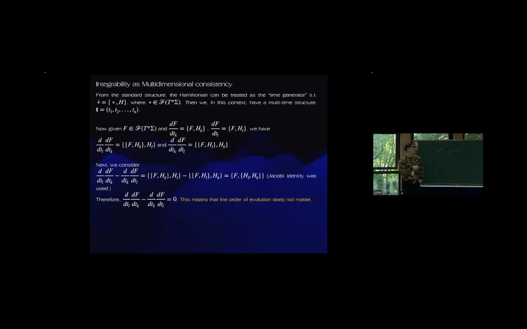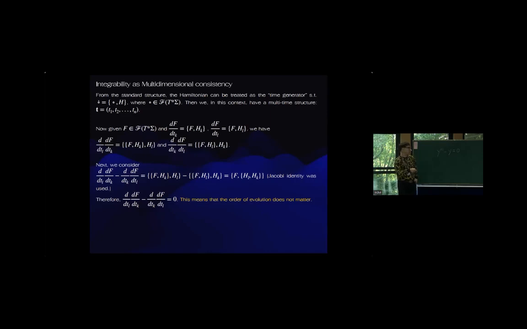In the context of multi-time, we have more or less the same: if f is a function defined on this cotangent bundle, we have these two equations, and then we can find the second derivative and the difference of these two quantities.